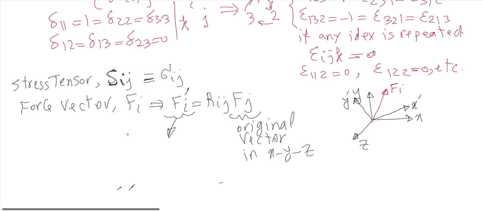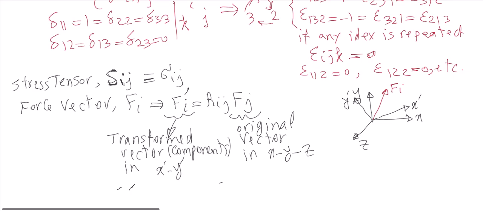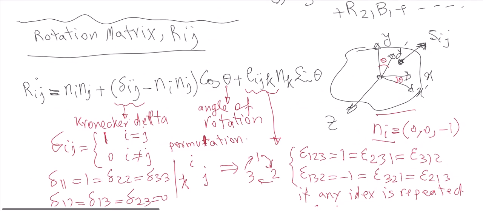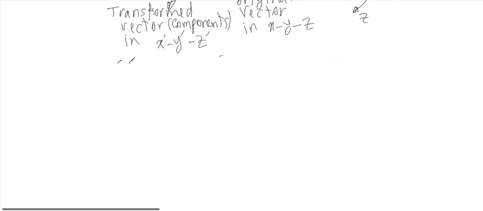This is my rotated or transformed vector, or if you like, components in x prime, y prime, z prime coordinates, the rotated. This is all we are after. Okay, and then r is given by this. Let me give you a quick example here.